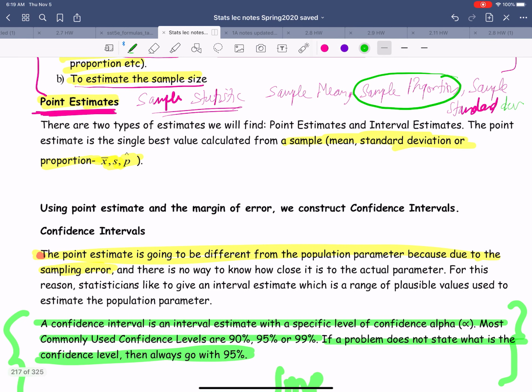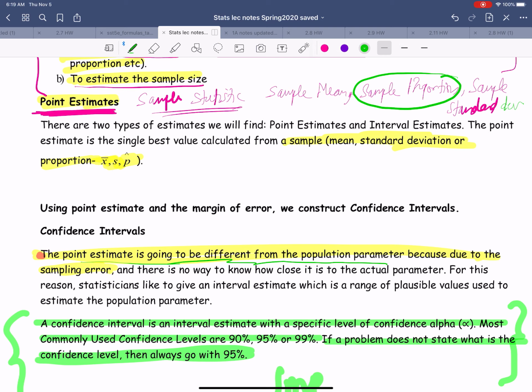The point estimate is going to be different from the population parameter. It's important to realize, if I want to estimate the average height of Yuba College students, and I sample my class of 30 students and calculate their average height, that is my sample statistic.